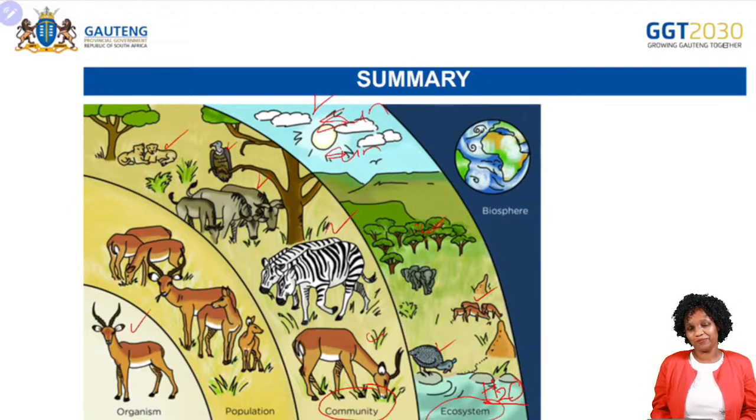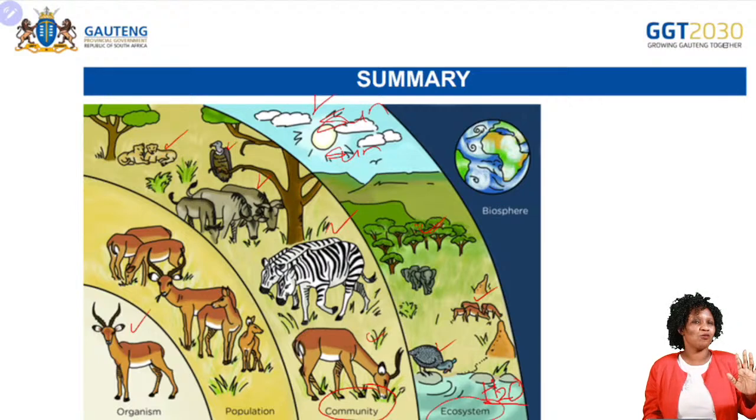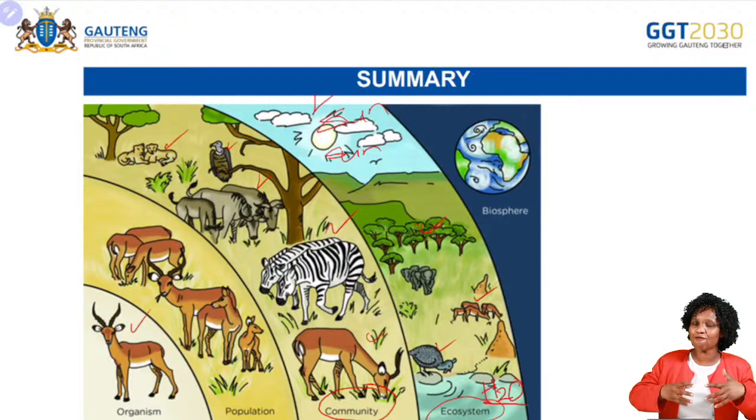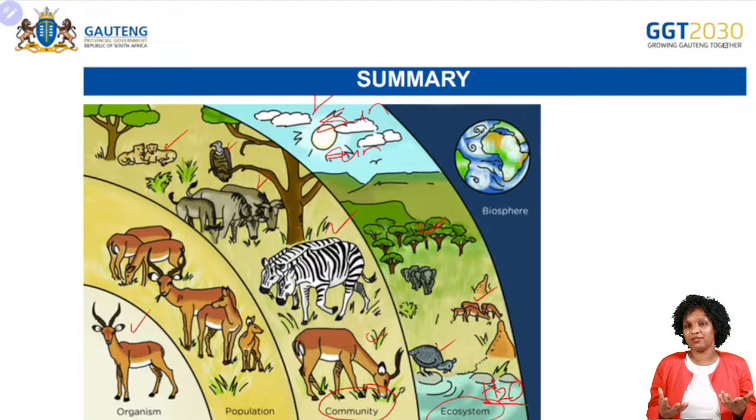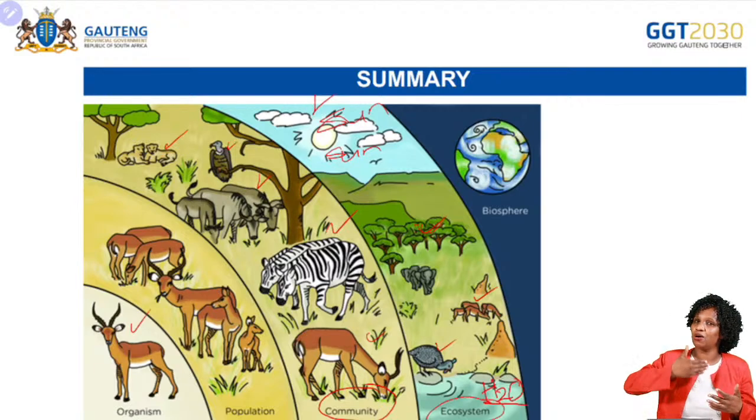And then this is photosynthesis. And someone asked about life processes. Remember, we've got 7 life processes. We've got reproduction, growth, sensitivity. All these are life processes. Life has to move on.